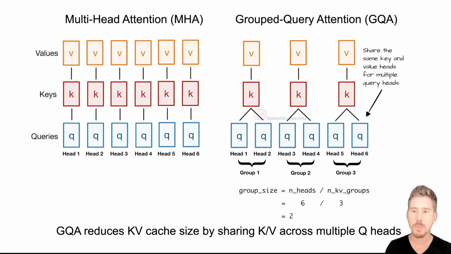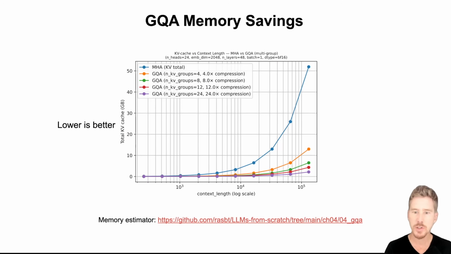So this has been around for a long time, one of the most popular tricks to reduce the KV cache size. Here's just an example where I plotted different KV group sizes. Going from the top, this is the KV cache size in multi-head attention. And then going down, the more groups we use, as you can see, the lower the total KV cache size.